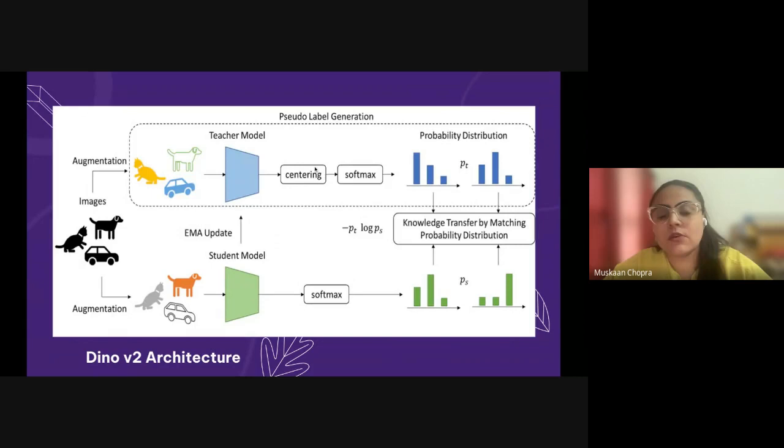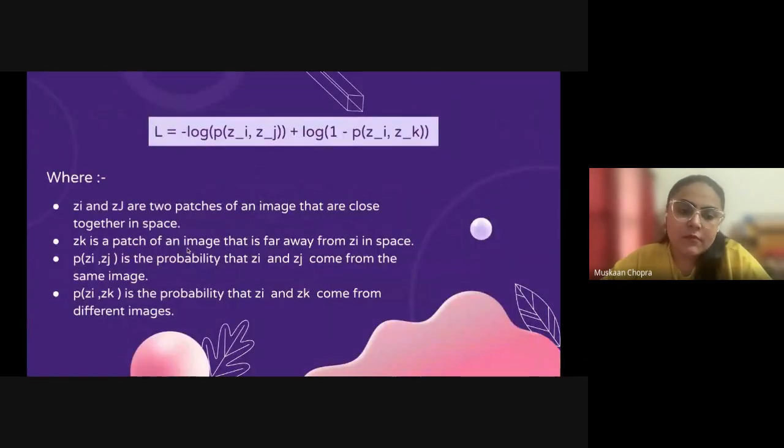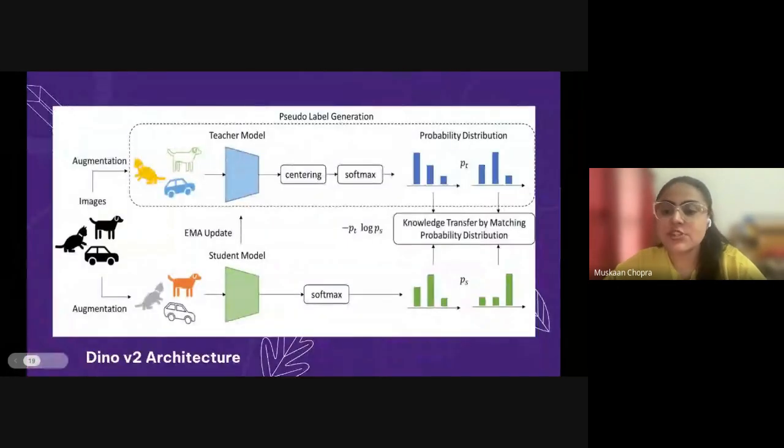The latent space, or the image space, is generated after the images are augmented and pass through the architecture. The probability of Zi and Zj coming from the same image is such that Zi and Zj are patches of the same image, and the Zi and Zk probability is such that Zi and Zk come from different images, so that it can differentiate and the probability distribution can be matched correctly.